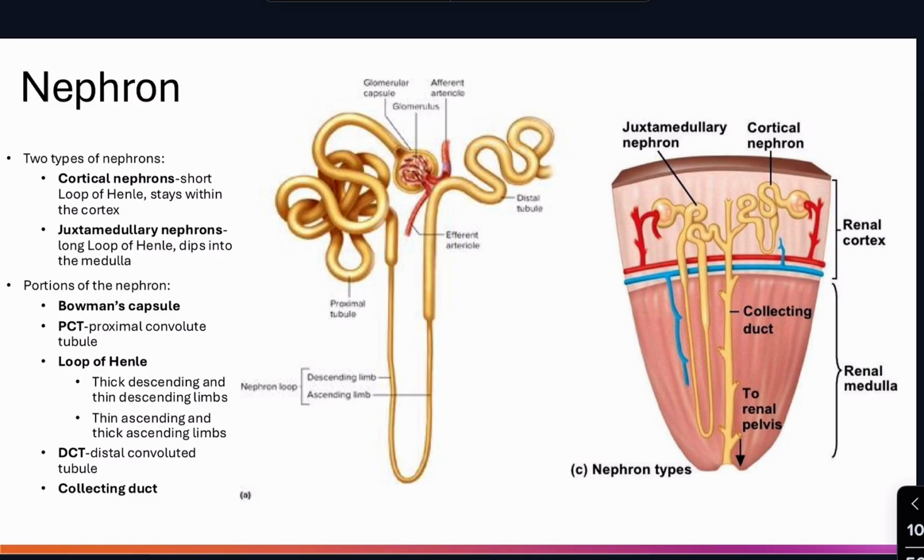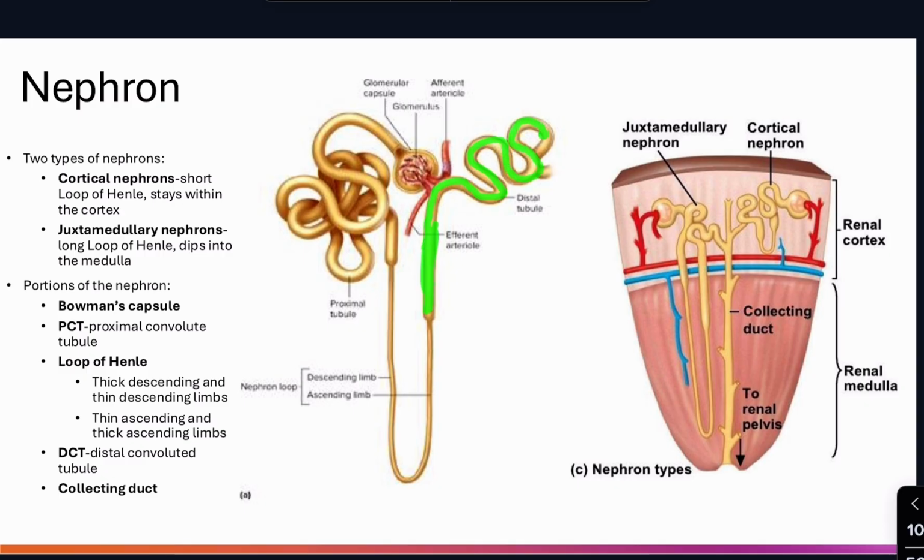We have a shorter thin ascending limb, so the thin descending is going to be longer than the thin ascending. We also have another thick ascending limb. So: glomerular capsule, proximal convoluted tubule, thick descending limb, thin descending limb, loop of Henle, thin ascending limb, thick ascending limb.